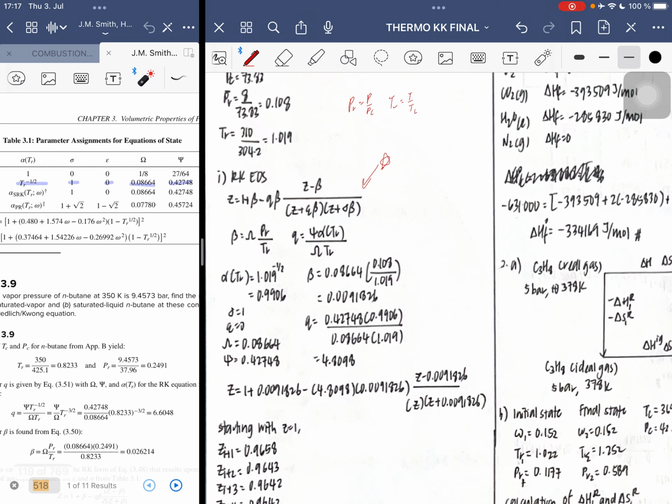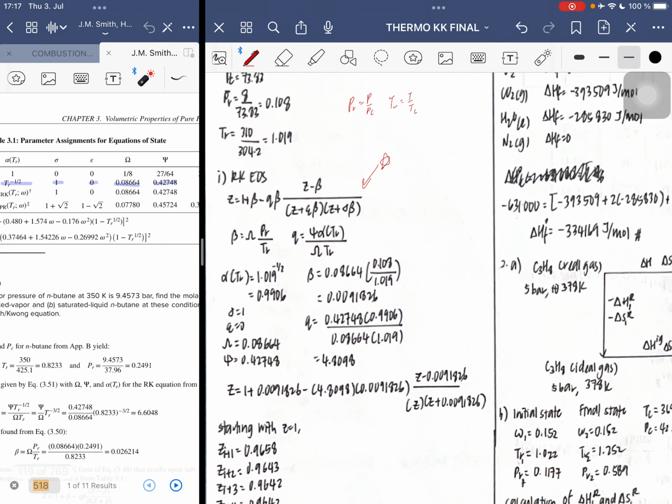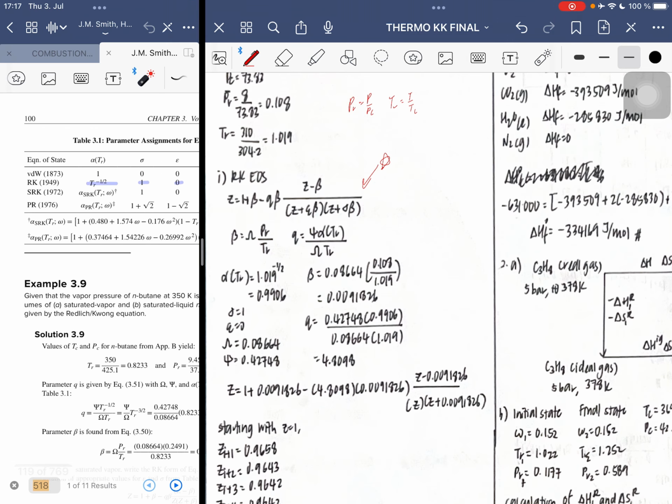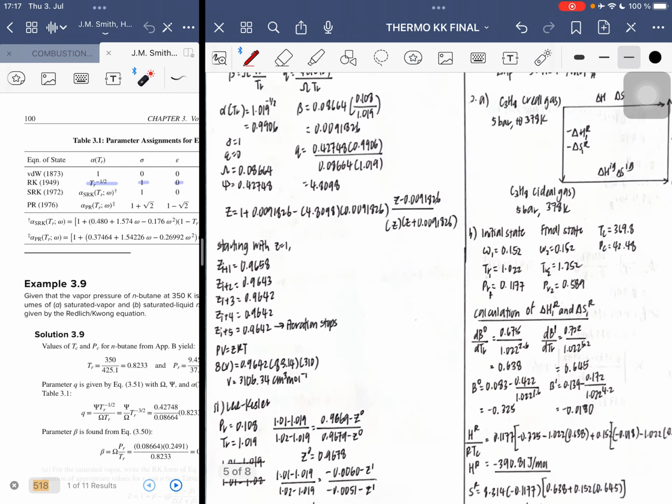And then for q it is psi alpha over omega TR. For psi it is this one. Alpha of TR for Redlich-Kwong is TR to the power of -1/2. I can skip the rest because it's very straightforward.